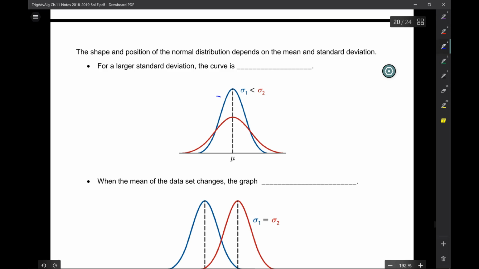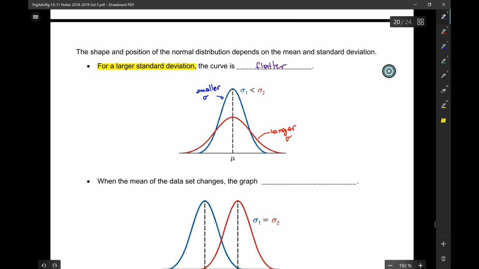The blue one has a smaller standard deviation. The red one has a larger standard deviation. What do you notice? For a larger standard deviation, how does the curve look? It's shorter and flatter, right? So the curve is flatter.